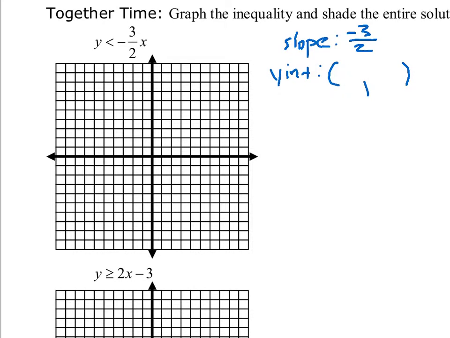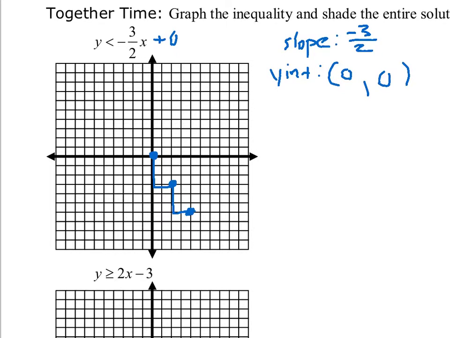Madeline, help him out. 0, 0, because we have a hidden plus 0 sitting over here. So the unfortunate thing about this being our y-intercept is that we can't choose 0, 0 as our point to plug in.